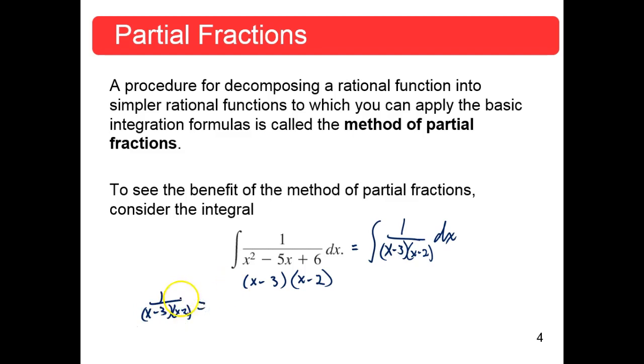There's probably somewhere out there two fractions, let's just call it a over x minus 3 plus b over x minus 2, that you could come up with that will add together to be this, because there's the least common denominator. You just have to get the right coefficients up here so that these will add and work that way, right?